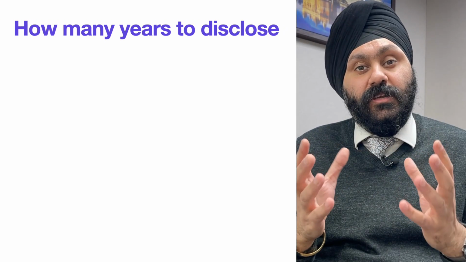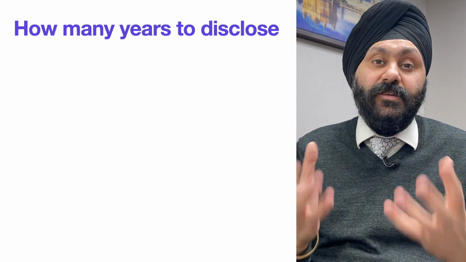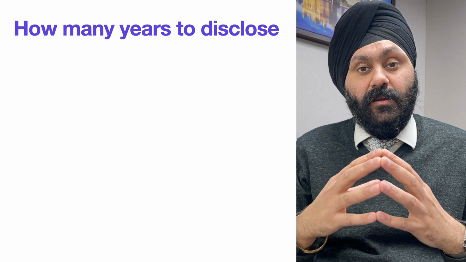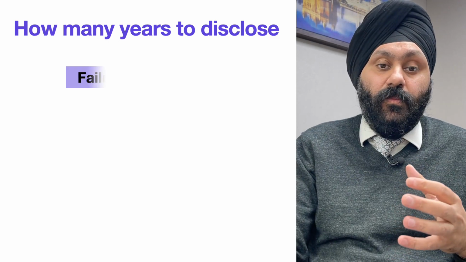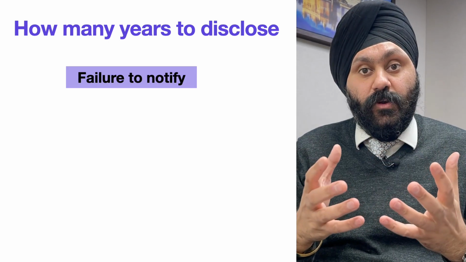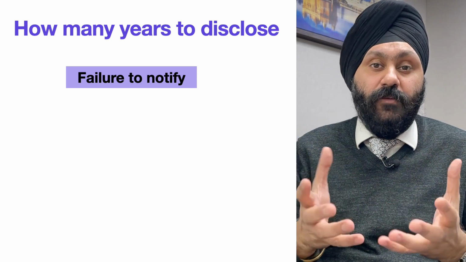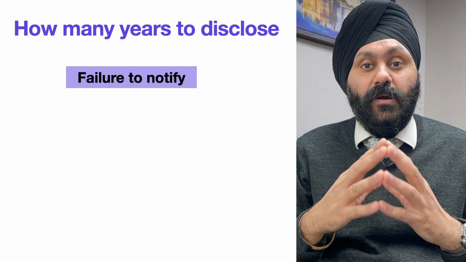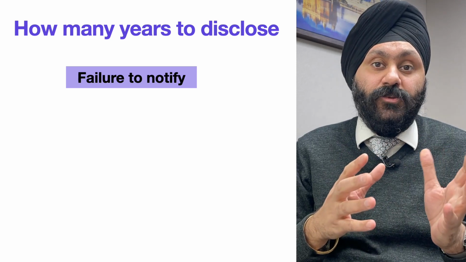Now another question clients generally ask is how many years to disclose. This depends on different metrics. The first one is failure to notify. Let's understand what failure to notify means. Failure to notify means that you have failed to notify HMRC that you have an income.